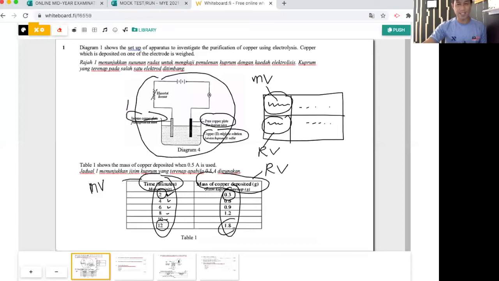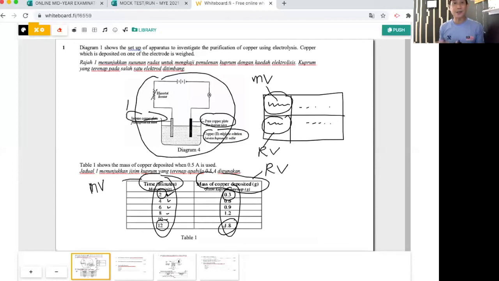So the student writes the observation: at minute 12 the mass of copper deposited is the highest. Full stop. How many marks will you get? You get 0 mark. Why? Because that is not an observation. That is actually a conclusion. When you say highest, lowest, or whatever, that is already a conclusion. Observation is just stating what you observe from the data. That's all. Based on the data.